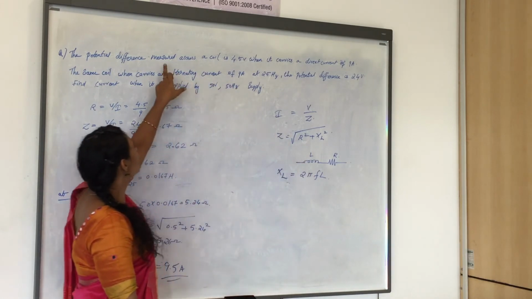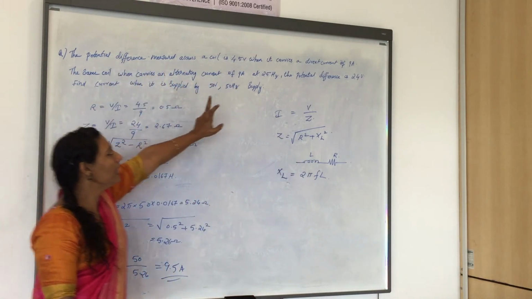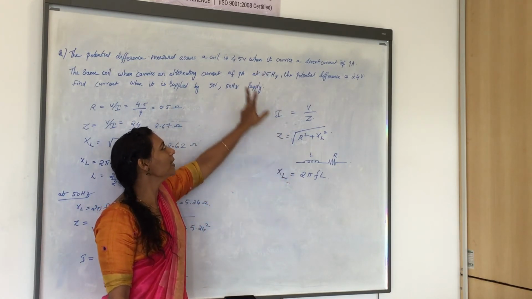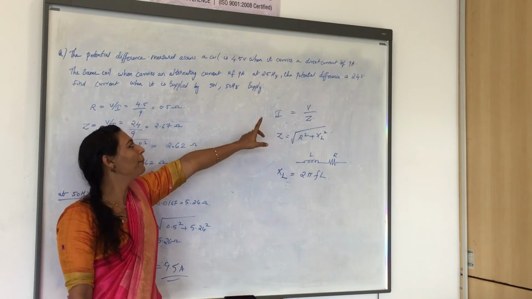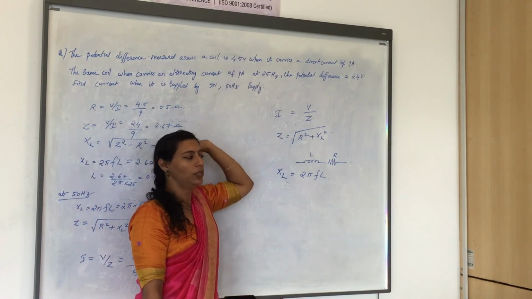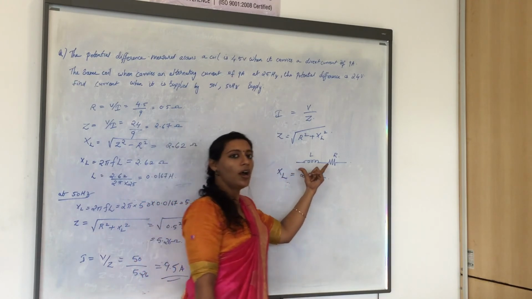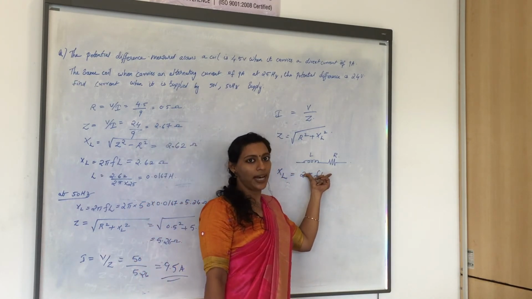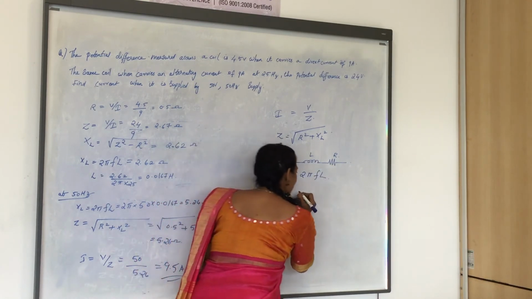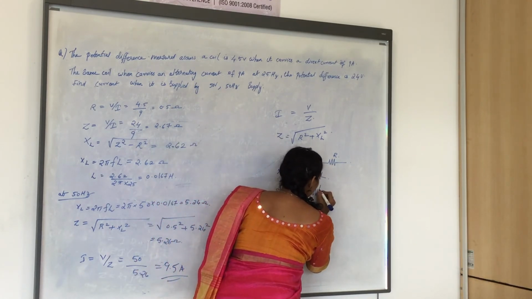Here the first term is given as when the coil carries a direct current of 9 ampere, the voltage is 4.5 volt. When the coil is connected to direct current, the inductor will be short circuited, that is, it acts as a pure resistive circuit.